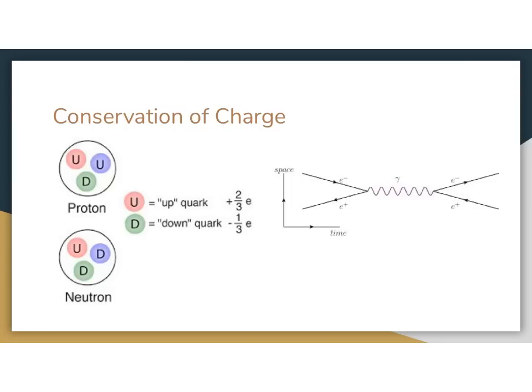We also see the conservation of charge in particle collisions and annihilation. Annihilation happens when a particle and its antiparticle combine. Okay, so a positron here combines with an electron. Now, the charges are completely opposite here. So the gamma ray photon that is produced has no charge because we've had a positive one here and a negative one there.